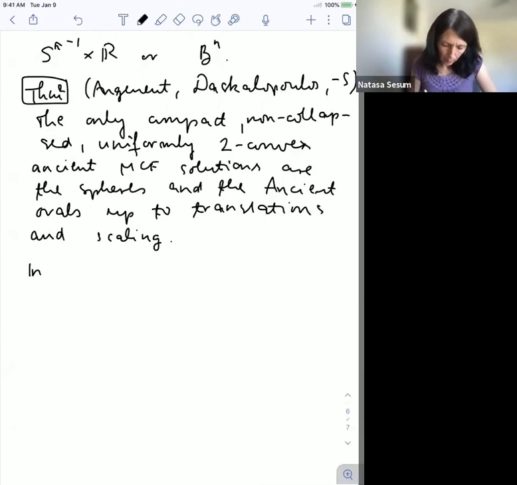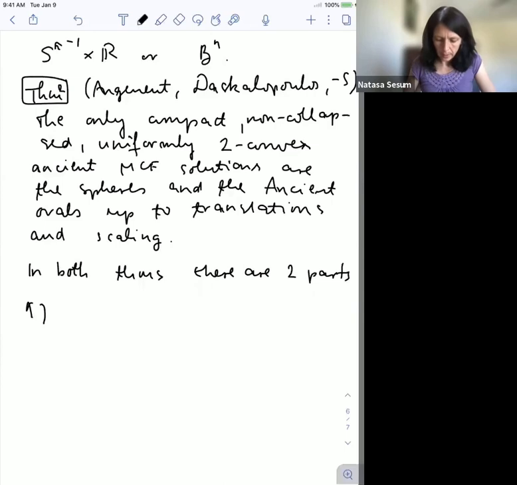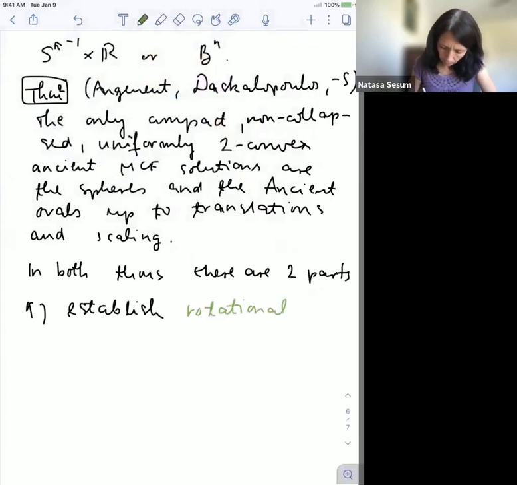And now I will say in both theorems, there are two parts that need to be proved. The first one is to establish rotational symmetry of the solutions.